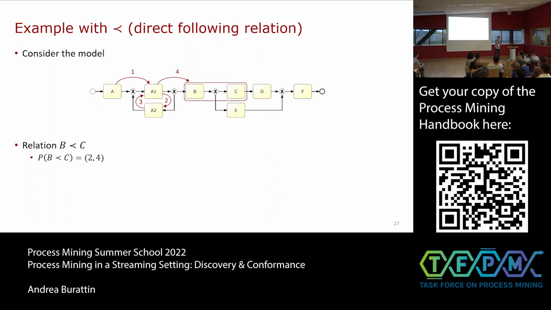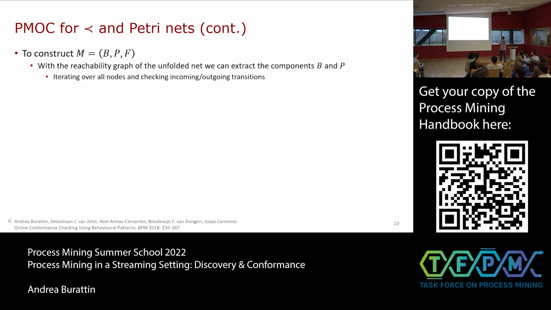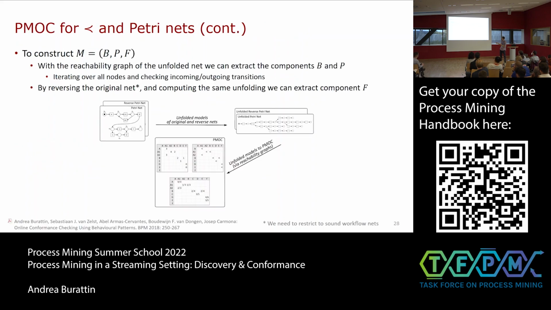We can have as many loops as you want because we are just counting the distinct direct following relations. It is similar for the future. I will skip the details, but the idea is that we take our Petri net, construct the reverse Petri net, meaning the Petri net where each edge has the opposite direction, and by applying some unfolding and constructing the reachability graph, you can very easily compute these data structures.